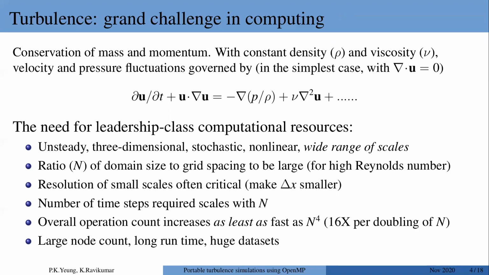And if we want to resolve the small scales better, we want more time steps. Together, the overall operation count very often increases at least as N to the fourth. That is to say, every halving of the grid spacing requires 16 times more computational power. As a result, it's unavoidable that we will run into large node counts, long run times, and huge data sets that we have to deal with afterwards.